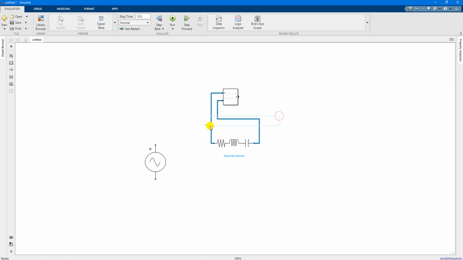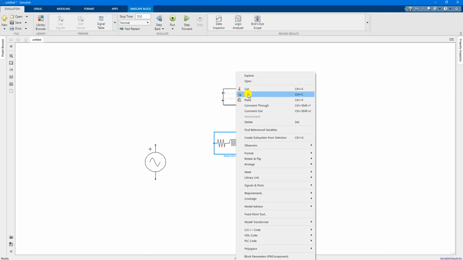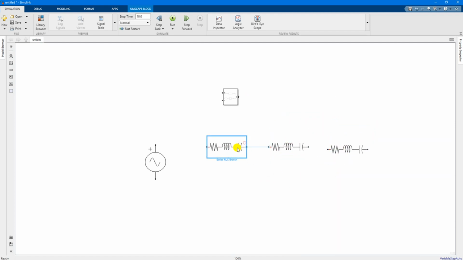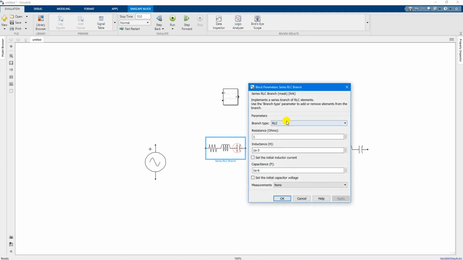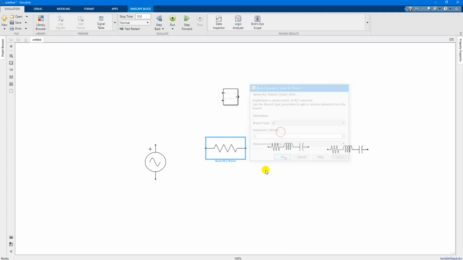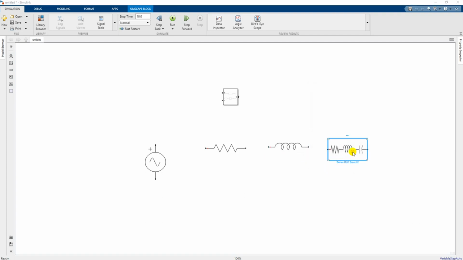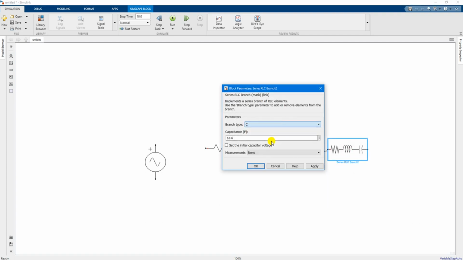So I'm going to divide this into 3 parts. We copy and paste, or Control and drag, they are the same thing. So we have 3 branches here: first the resistor R, second the inductance L, third the capacitor C.